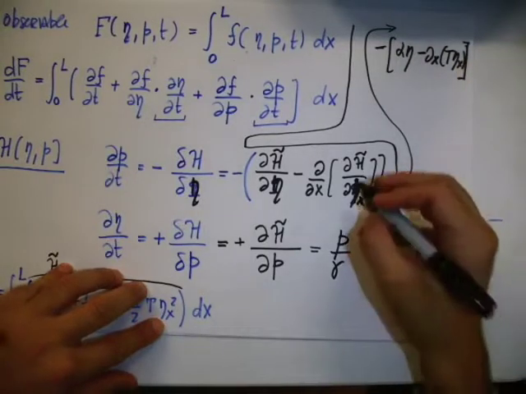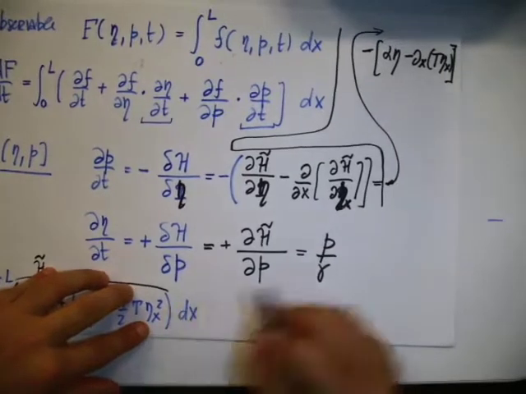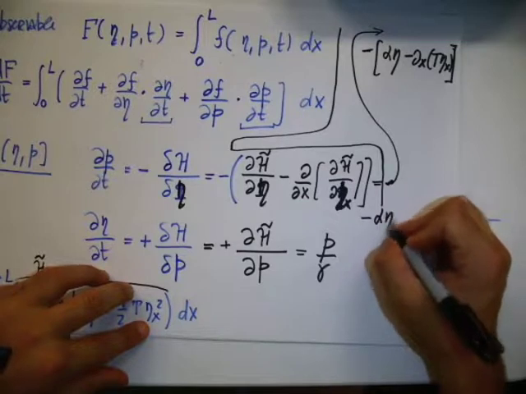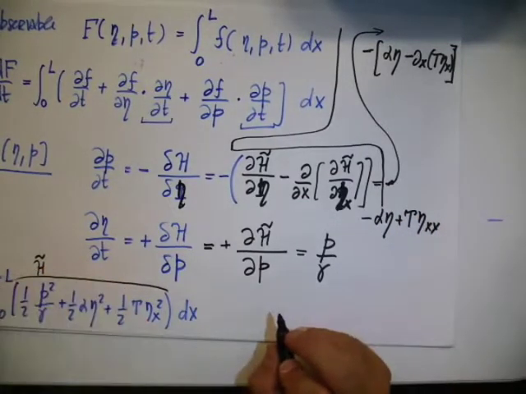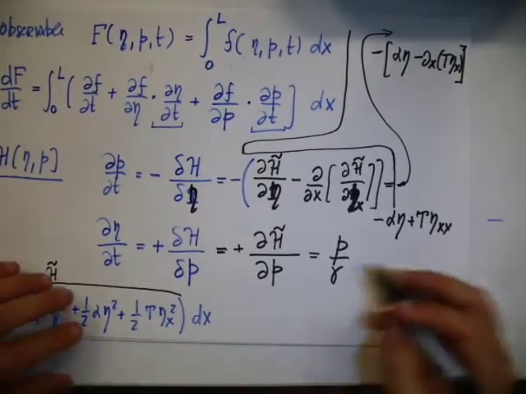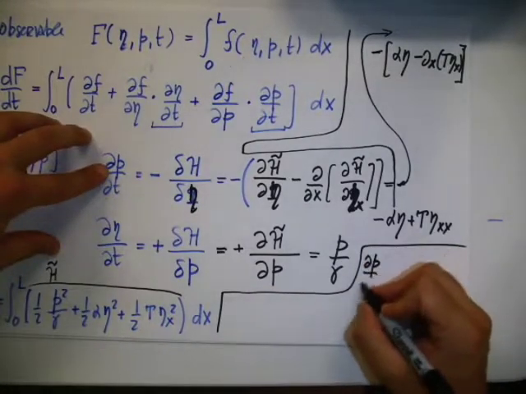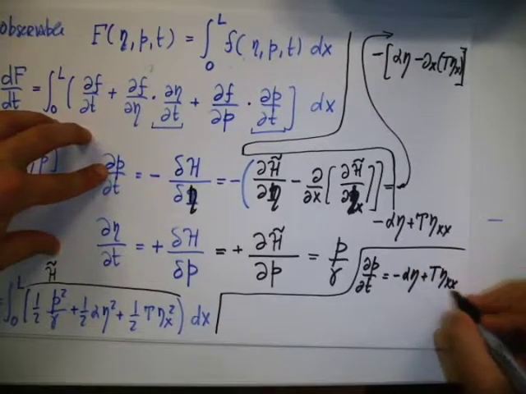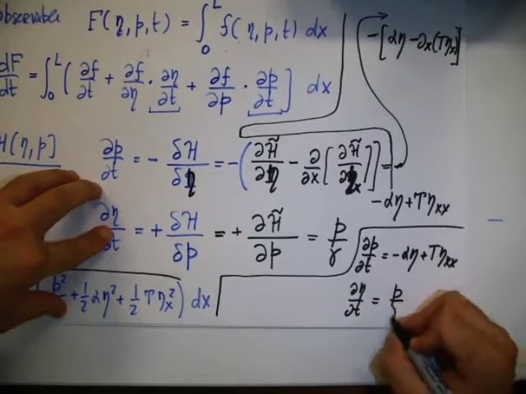As you can see, this result is simply equal to minus alpha eta plus T eta xx. So we basically recovered dp dt equal to minus alpha eta plus T eta xx, and d eta dt equal to p over gamma.